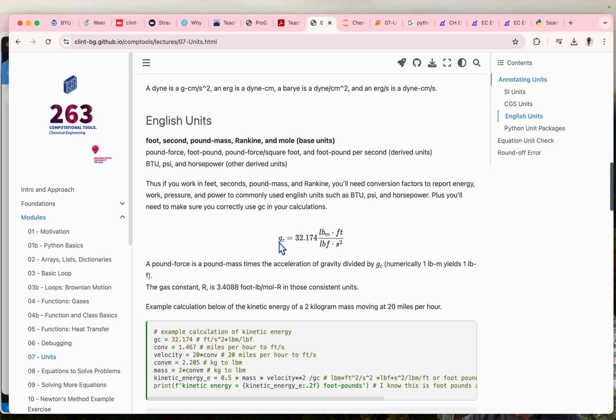And this gc factor is critical to make sure you don't make mistakes. So 1 pound mass is 1 pound force. You're saying, how is that possible?